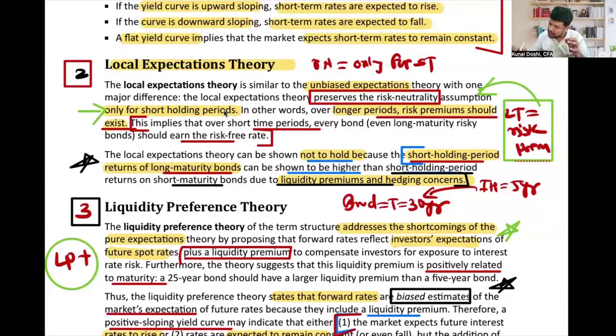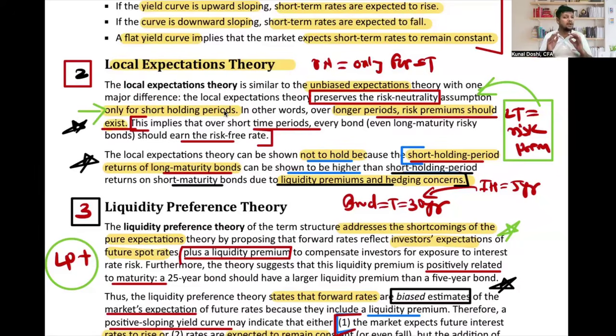Notice here, it preserves it only for the short term. However, for longer periods, it assumes there is a risk premium. So for longer maturities, there is a risk premium, but for shorter durations, it assumes risk neutrality. So let's say 3 months, 6 months, 1 year, 2 years, it is a bit flat, and then for longer maturity, it might be slightly higher. Local expectation theory is not completely the solution, but a beginning compared to the pure expectation theory.